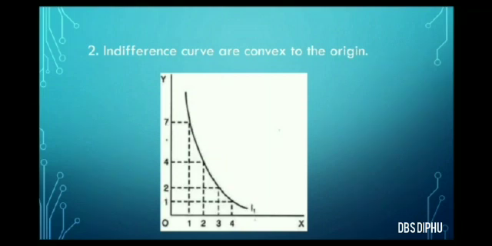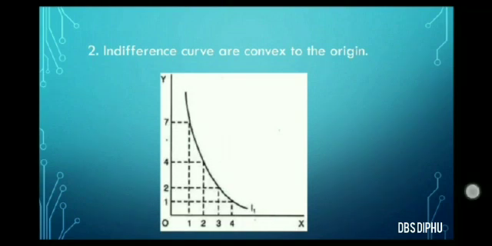For the second additional unit of good X, the consumer is prepared to give away 4 units of Y, and again for the third additional unit of X he is prepared to give away 3 units of Y. In this way, the marginal rate of substitution of X for Y goes on diminishing, which makes the indifference curve convex to the origin.